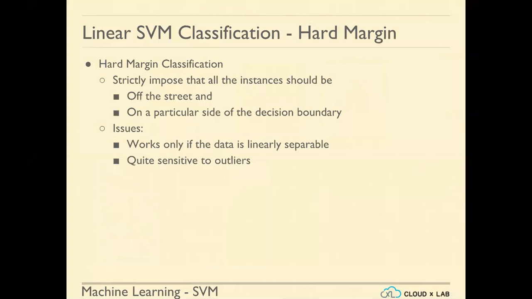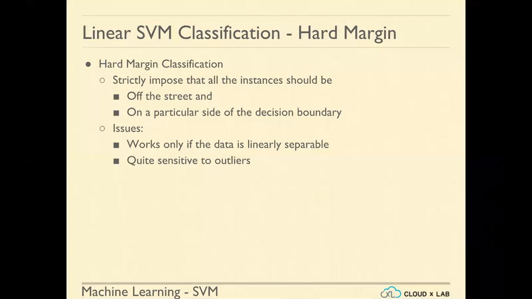Now there could be two techniques under the SVM. One is called hard margin, another is called soft margin. In case of hard margin, we strictly impose that all the instances should be off the street, and on a particular side of the boundaries.